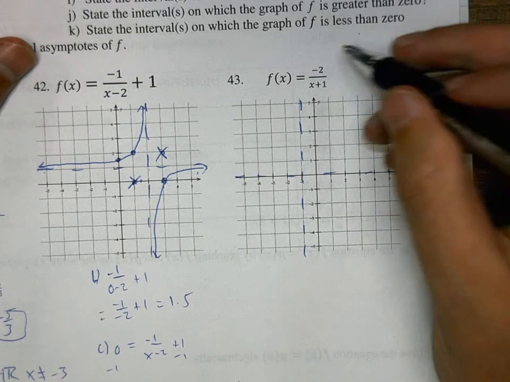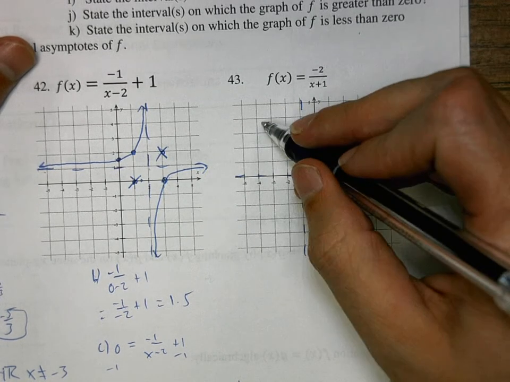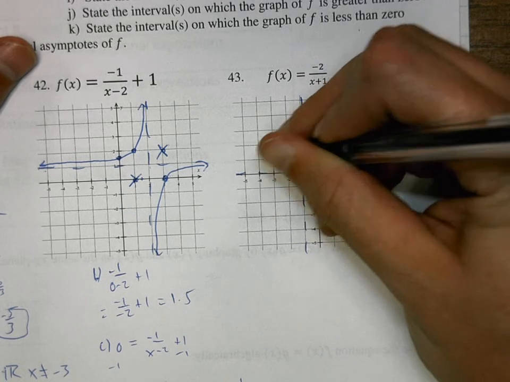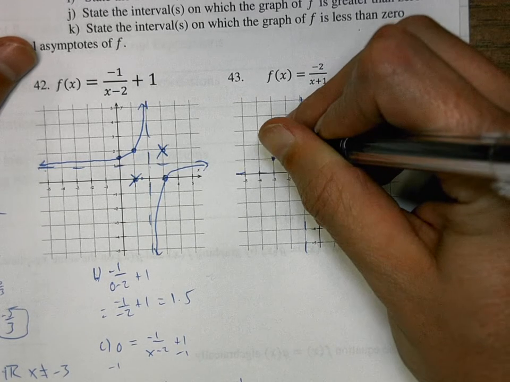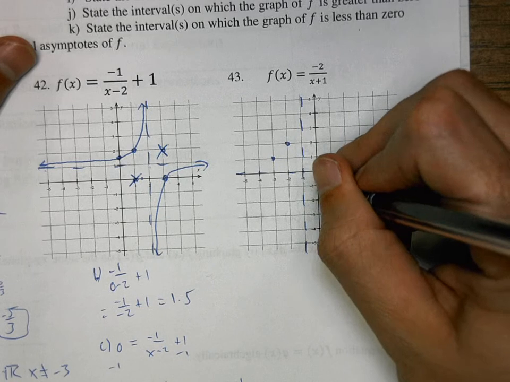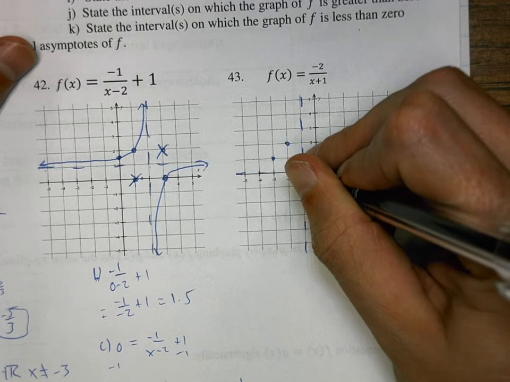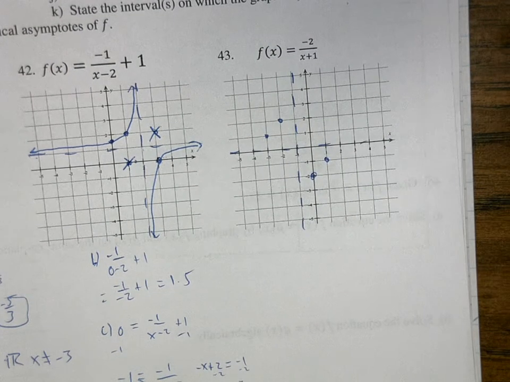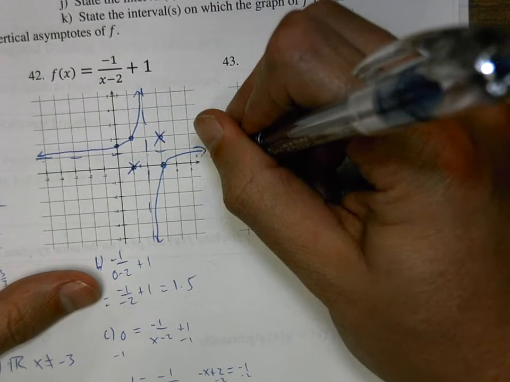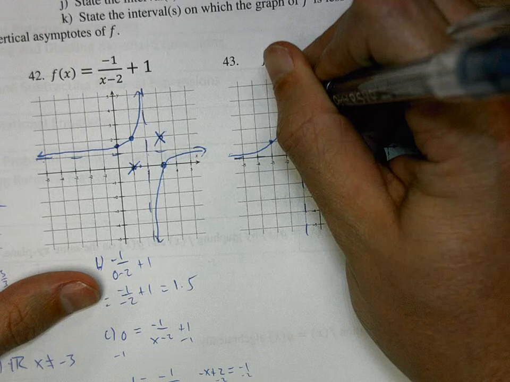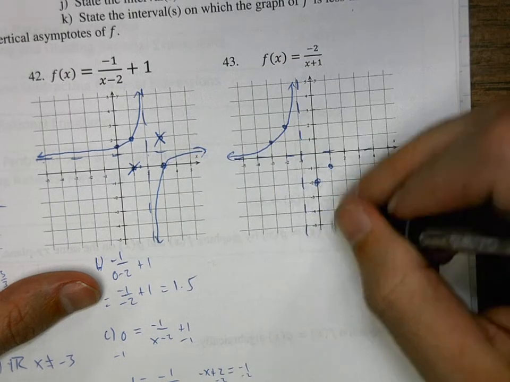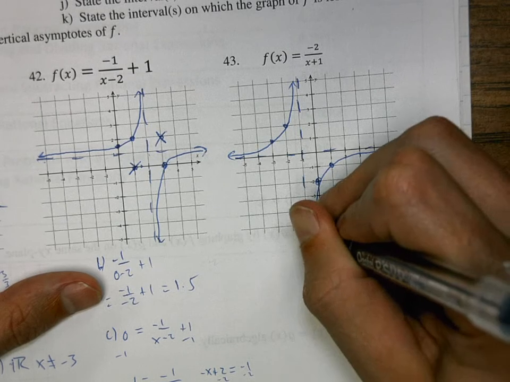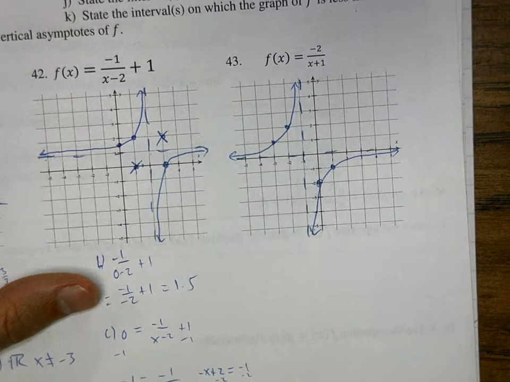So you're going to go left 2 up 1, and left 1 up 2, right 1 down 2, and right 2 down 1 to get your starting points. Alright, so the graph is sketched.